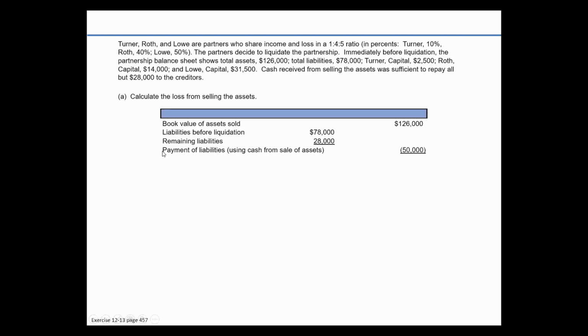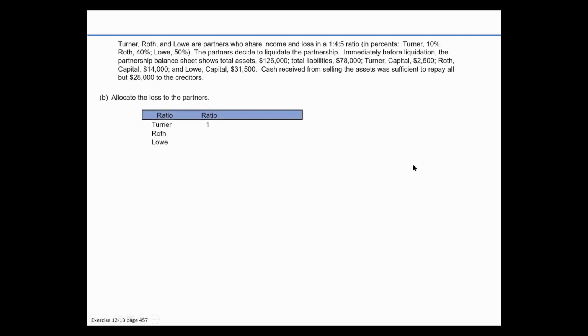That means that the payment of liabilities using cash from sales of assets was $50,000. So that's how much they could pay. So they had a loss on sale of assets of $76,000. So we have to allocate the loss to partners.